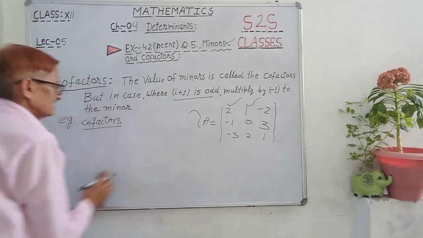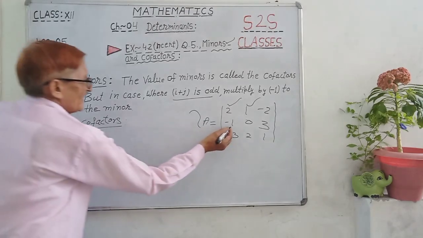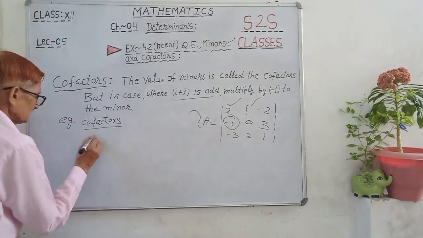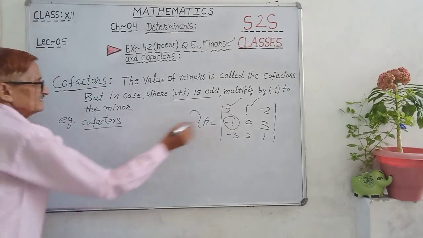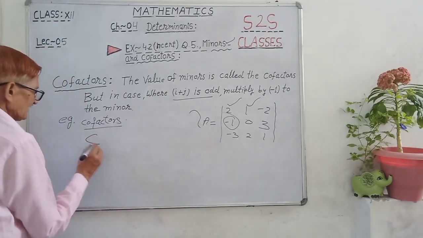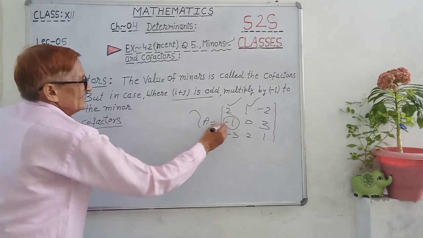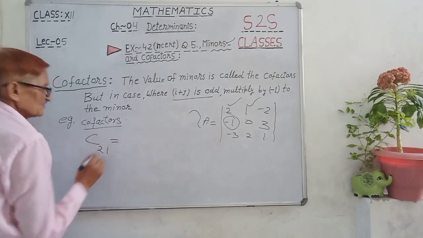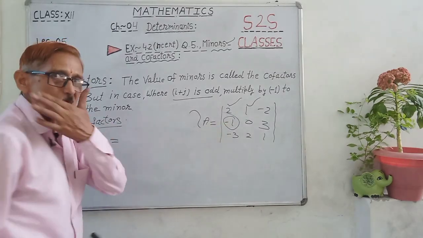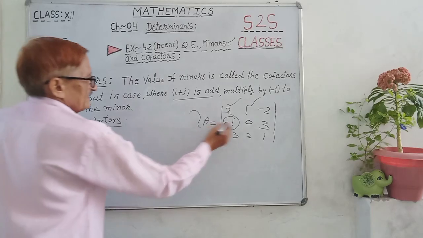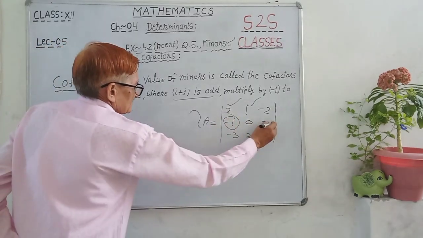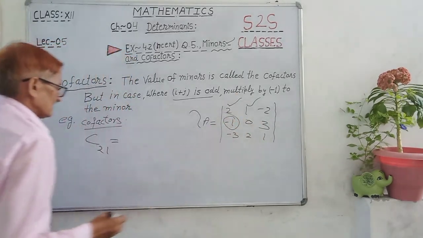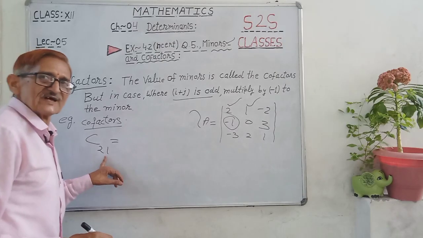Then after that, similarly you can find every element's cofactor. So like this, if you are going to find the cofactor of -1, it is the element of second row and first column, 2 1, so this is the cofactor of this element. Remaining means along this second column and first row cancel, and it is 2 1.